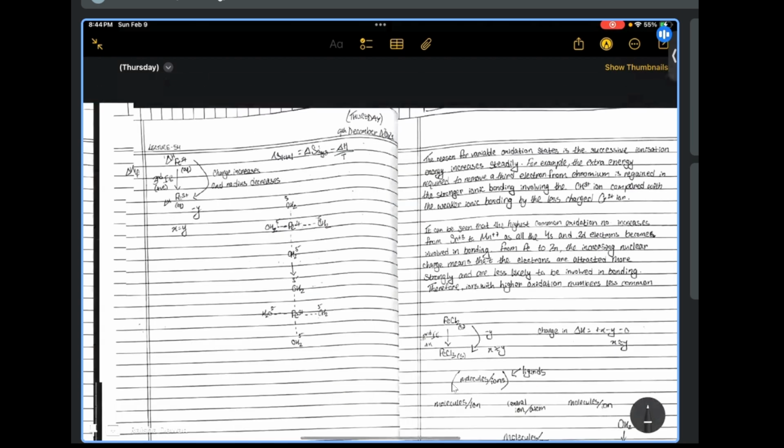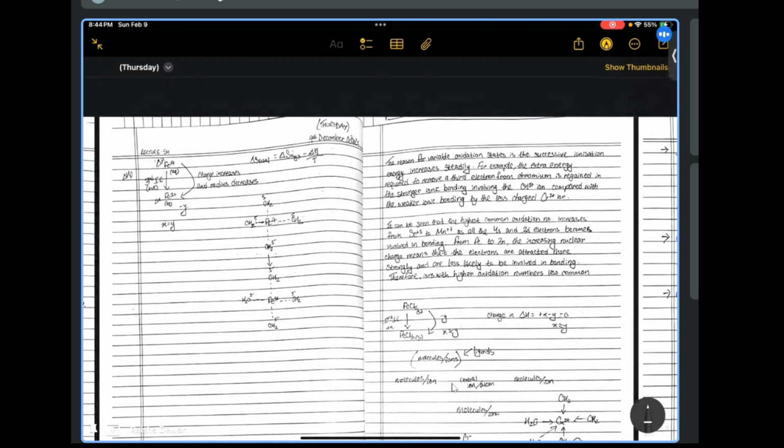So why is there a variable oxidation state? The reason for having variable oxidation states is, let's say when iron 2 plus transfers to iron 3 plus by losing an electron, its charge increases and the radius decreases.